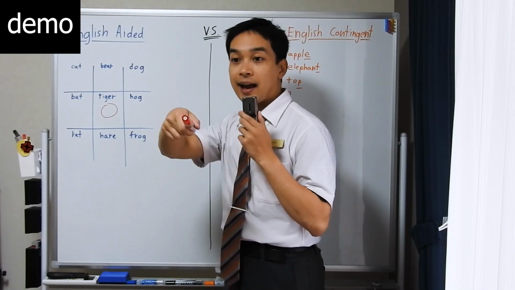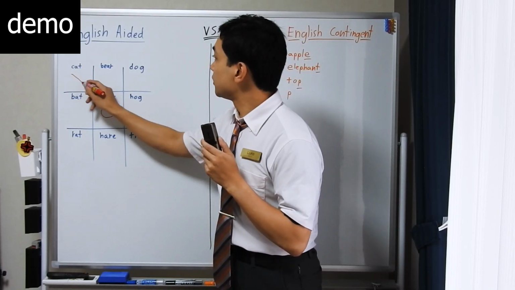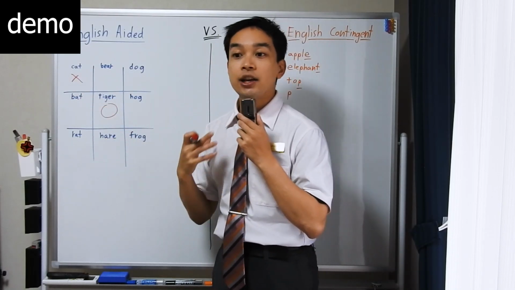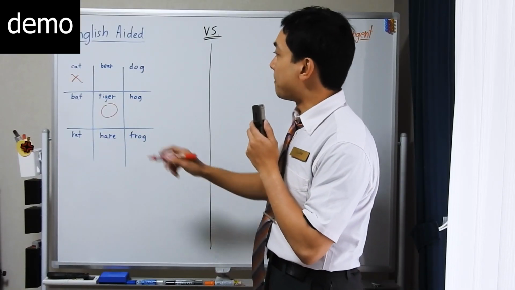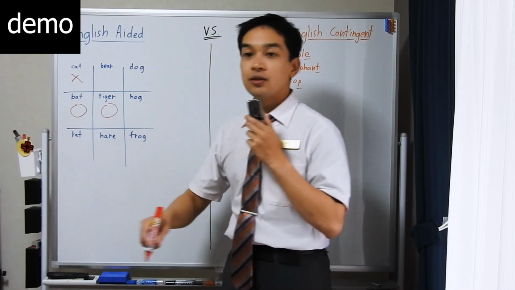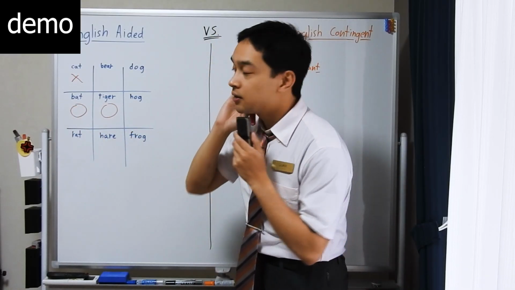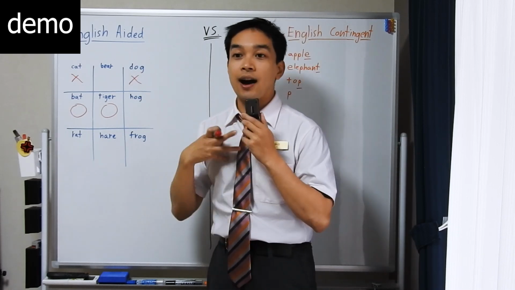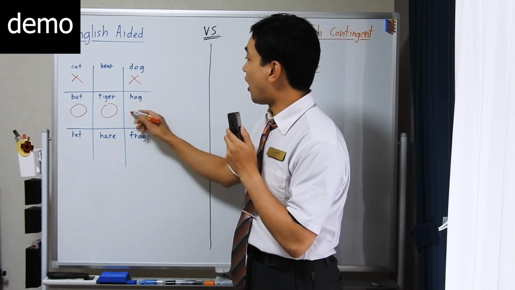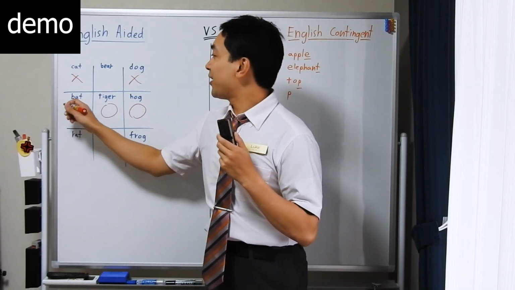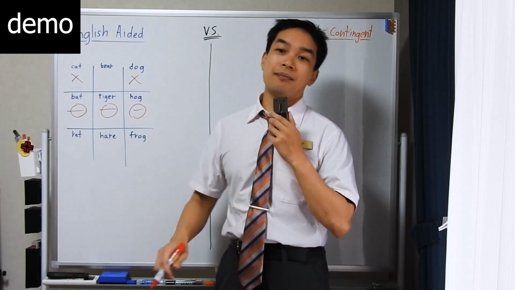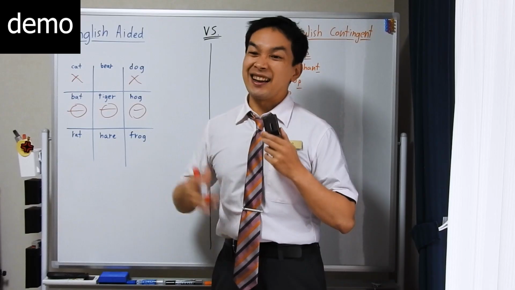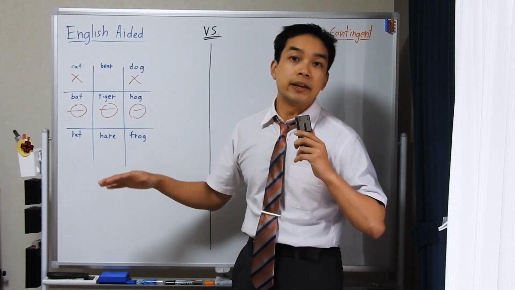Cat. Cat. Very good. Cat. Okay. I choose bat. You choose Dog. dog. I see. I choose hog. I win. Better luck next time. And finish.